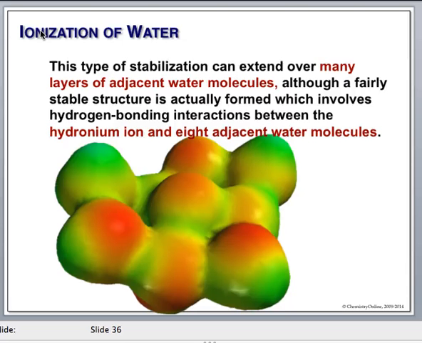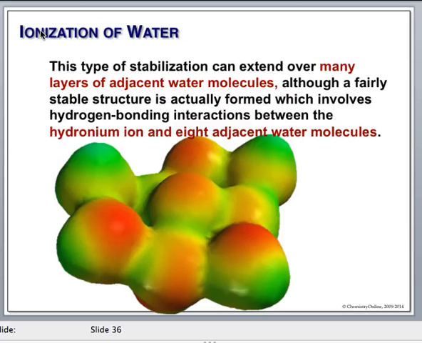In neutral water at 25 degrees, the concentration of hydronium, this guy, and hydroxide are equal, and they're both 10 to the minus 7 molar. Any questions?